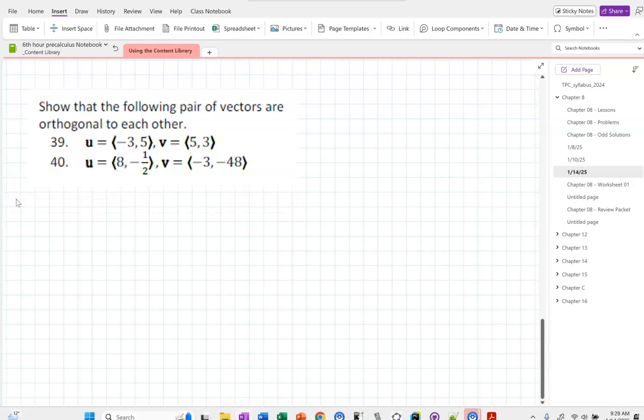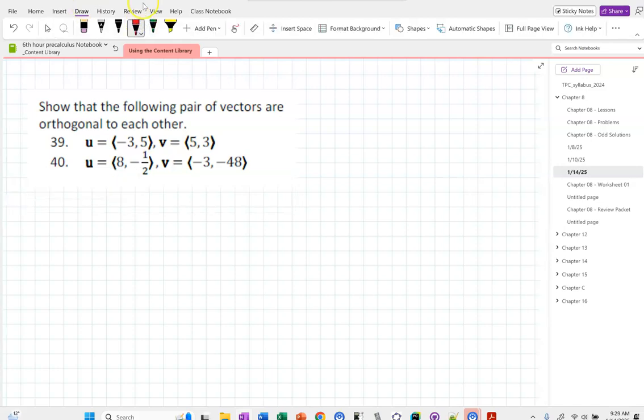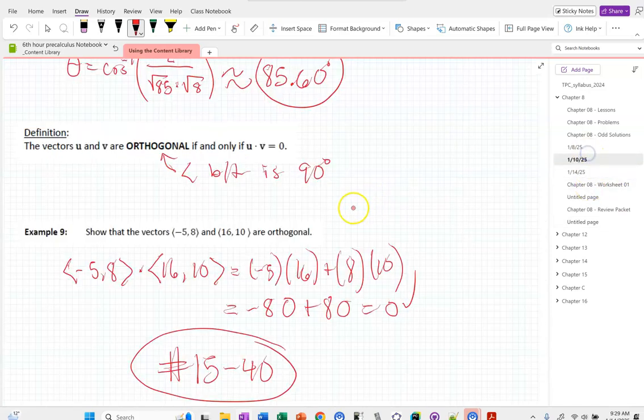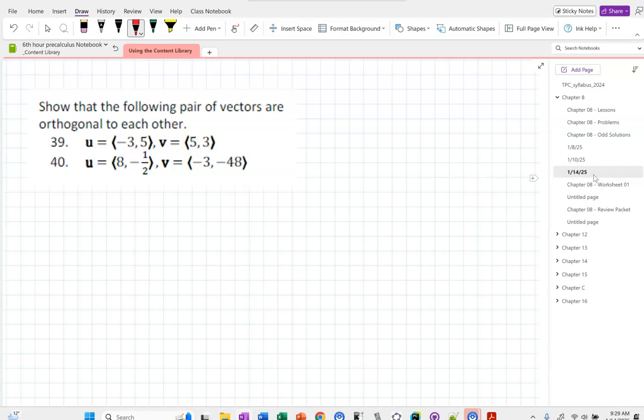So if you remember in the notes last time, we said two vectors are orthogonal if and only if their dot product is 0. That's what I'm going to be using to check this. So I'm just going to check by doing u dot v and checking to see what I get there.